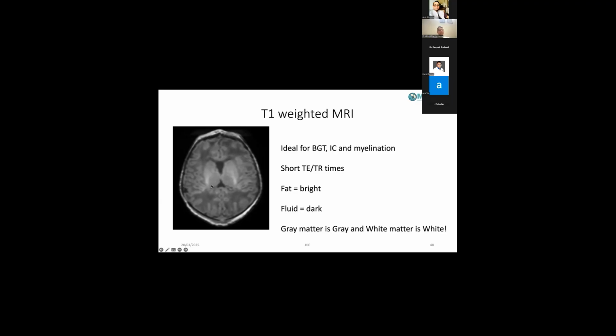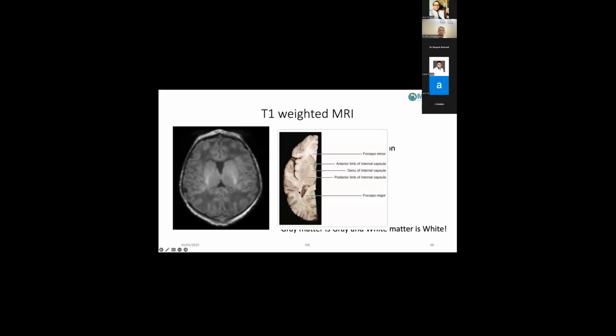So this is part of the caudate, and the white lines are the internal capsule, the posterior limb of the internal capsule. Just be aware, fat is always bright in T1 and fluid is always dark. So it's like normal anatomy. The gray matter is gray and the white matter is white. The posterior limb of the internal capsule should be white in a T1 weighted image. If it is T1 weighted and you don't see a bright line, that's a problem, right?